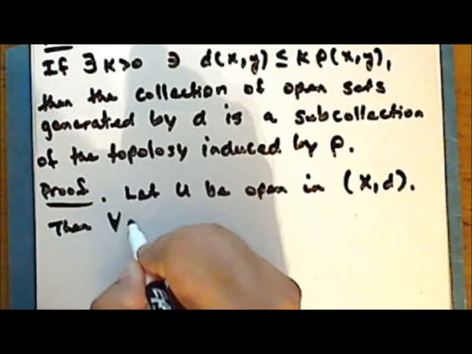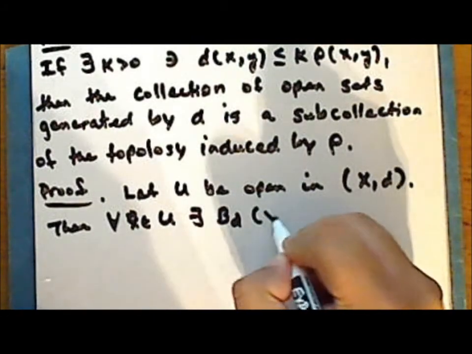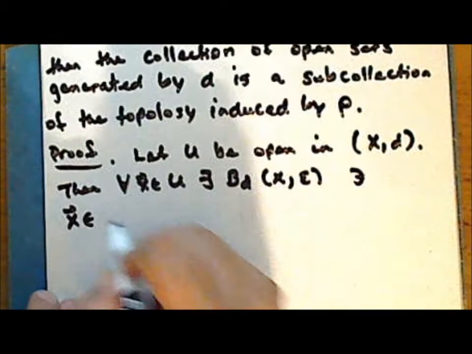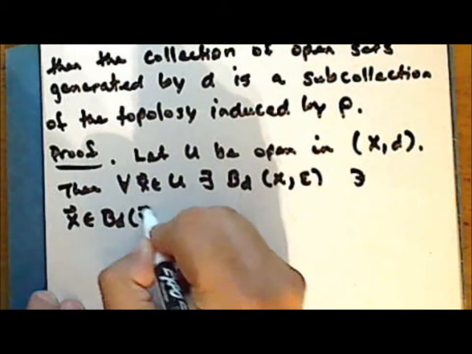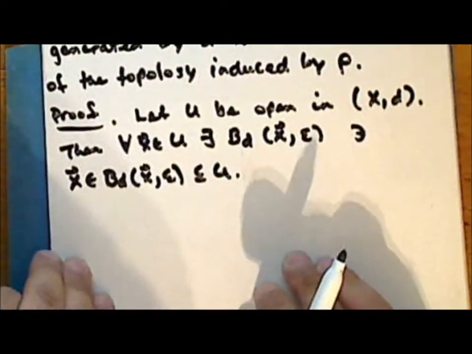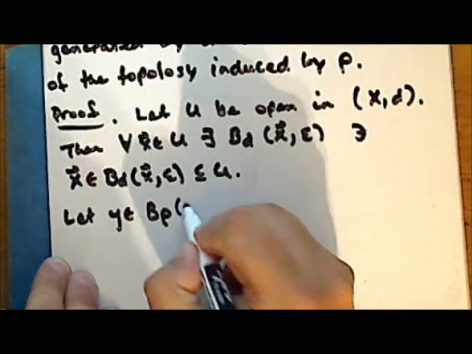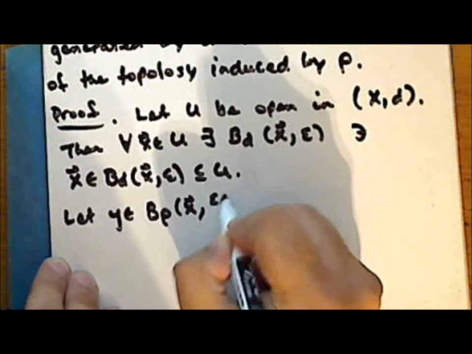Then, for every point x in the set U, there exists a basis element, which is an open ball in the metric D, centered at x with some positive radius epsilon, such that the point x is in this open ball, which is a subset of the set U. So let the point y be in the open ball in the metric rho, centered at the point x, with radius epsilon divided by k.